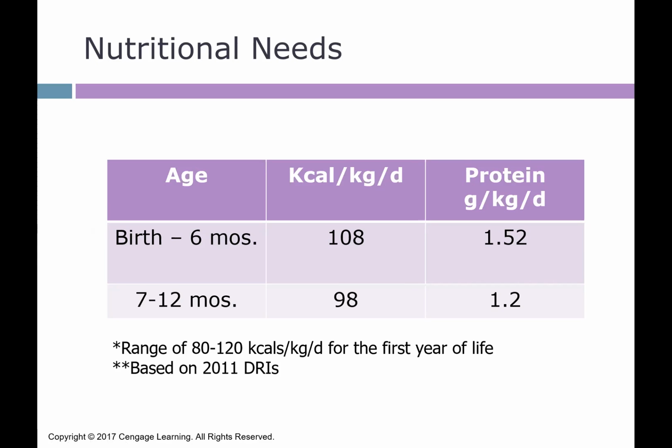So that's a really rapid period. From 7 to 12 months, we're not doubling. You're doing half that because you're going to triple from birth to 1 year. So the calorie and protein needs are a little bit lower here at 98 calories per kilogram per day and 1.2 grams per kilogram per day protein. Do be familiar with these numbers. These are important to know.